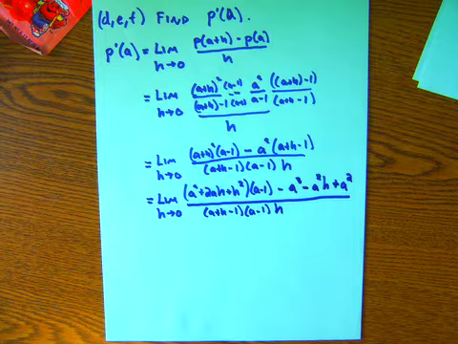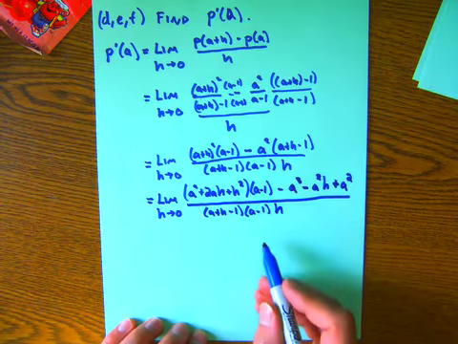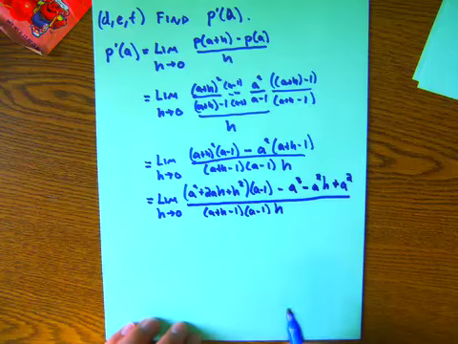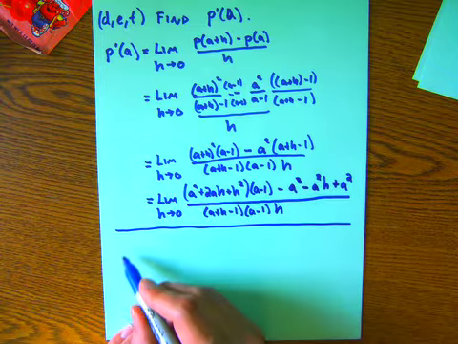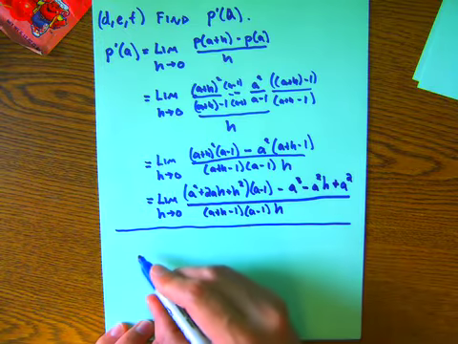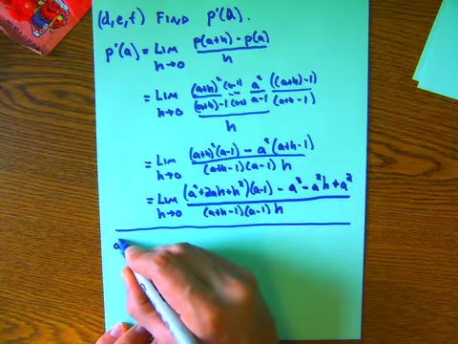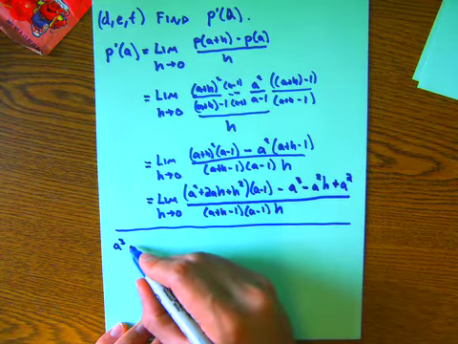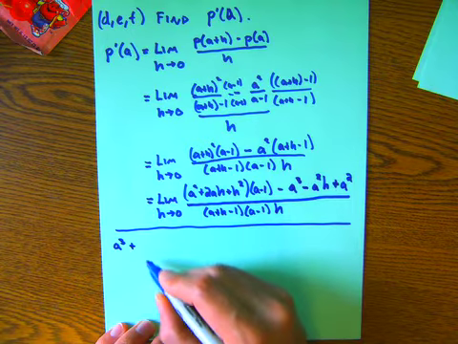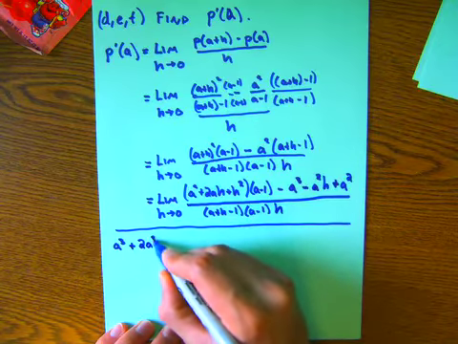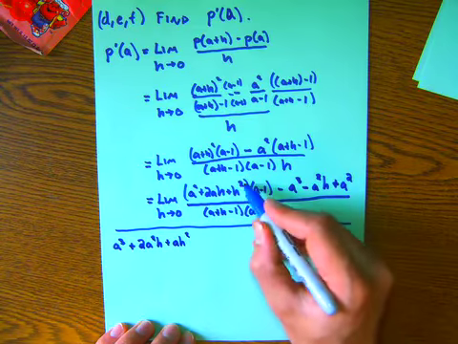And it looks promising. This is going to be a little too big to fit right here, so I'm just going to write this numerator on this whole line. If I expand this, I get a cubed plus 2a squared h plus ah squared. So that was distributing the a to each one of these terms.